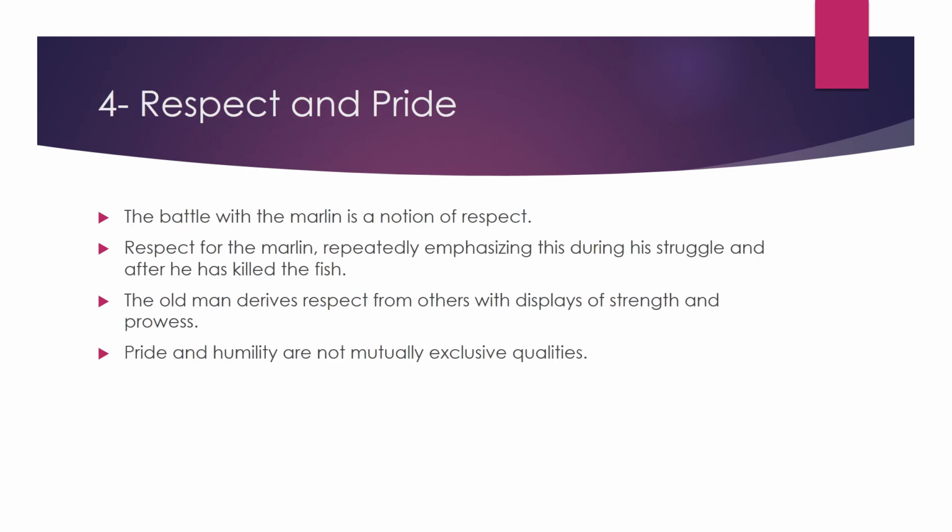And number four, we have respect and pride. The battle with the marlin is a notion of respect. Of course, we do not find hatred in the old man. He always built his life, his actions, his decisions upon respect and pride. So when he catches the fish, he doesn't hate the fish.